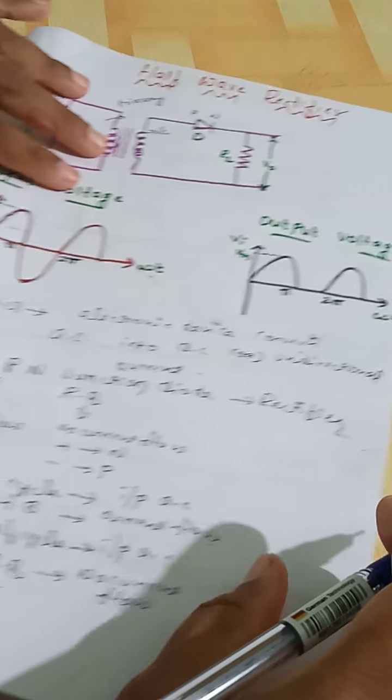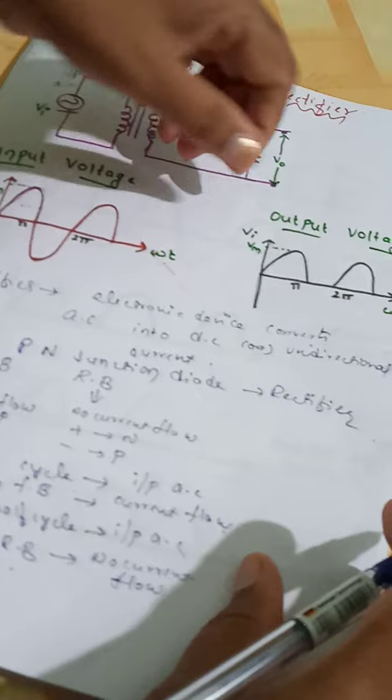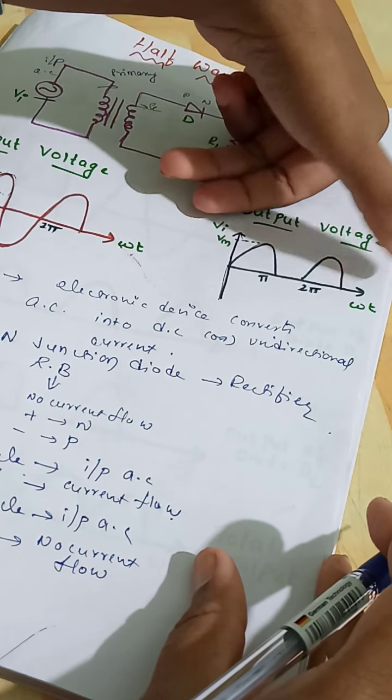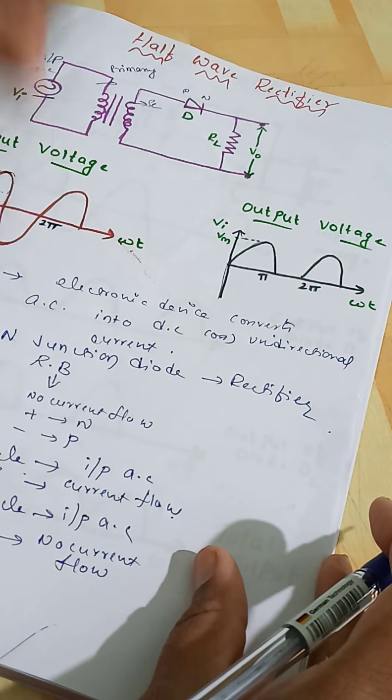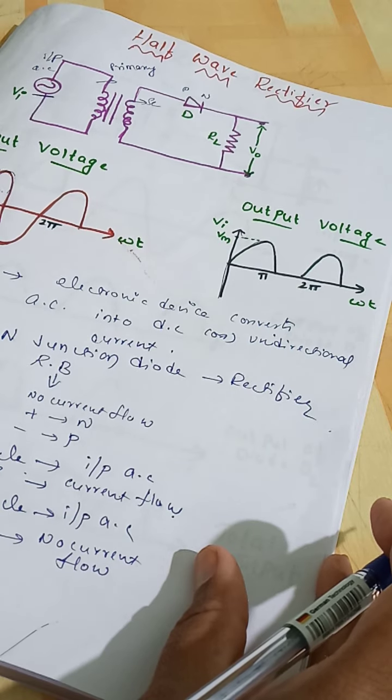Now if we take the next positive cycle, again diode becomes forward biased, current flows, we will have output. In the negative cycle, diode becomes reverse biased and there will be no current flow.